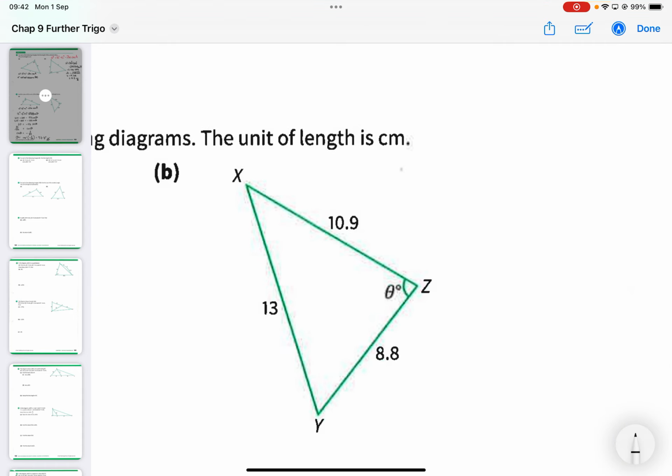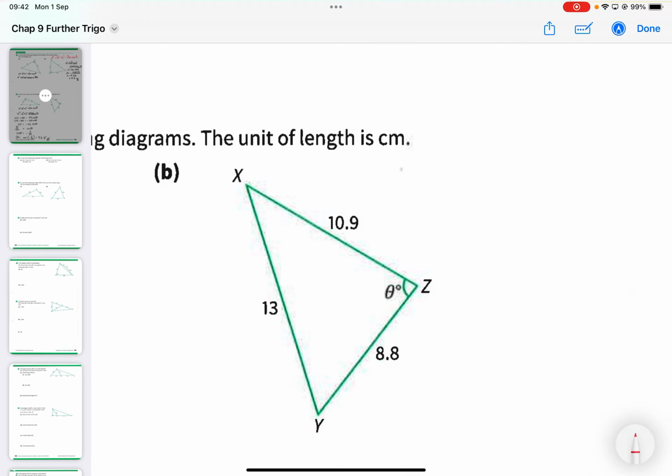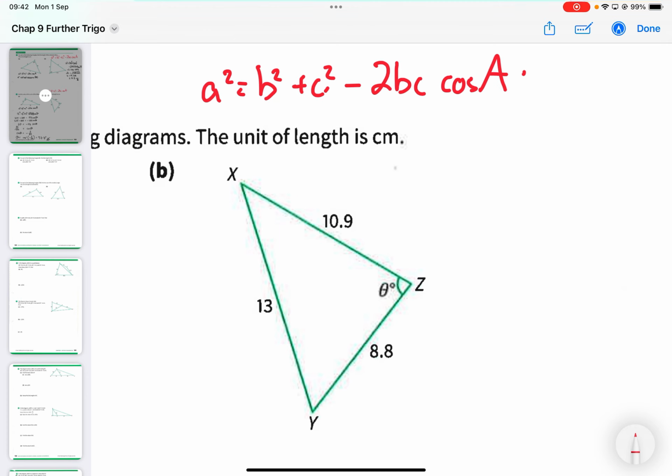Okay, same. Let me write down the formula that you will be given. A squared equals B squared plus C squared minus 2BC cosine A. Then, it is about identifying the sides. In this case, we want to find this angle.